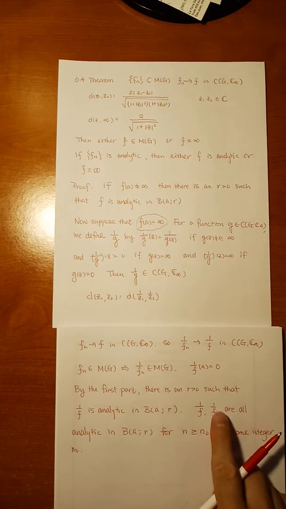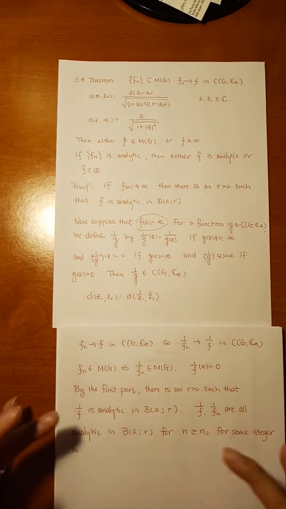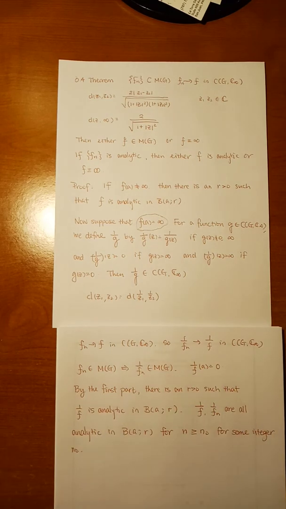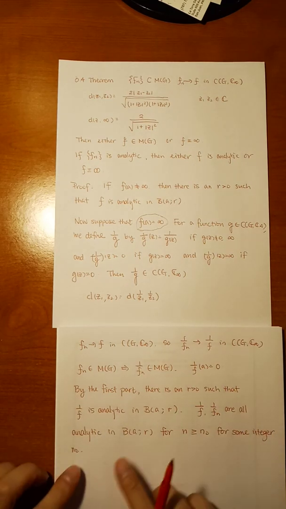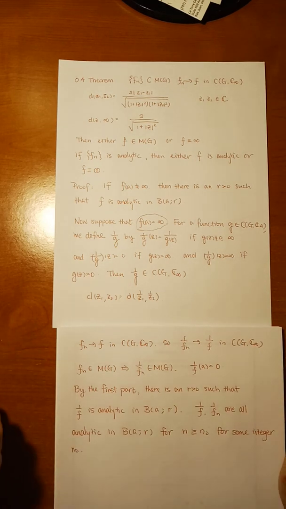Because 1 over Fn converges to 1 over F, for n greater than n0, 1 over Fn is close to 1 over F, and they are not infinity, so they are both analytic.